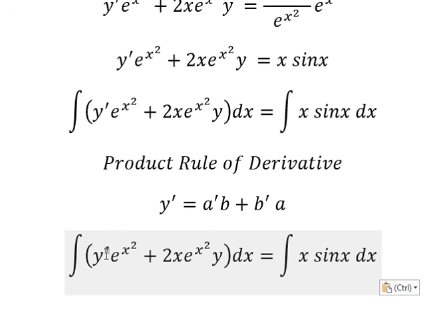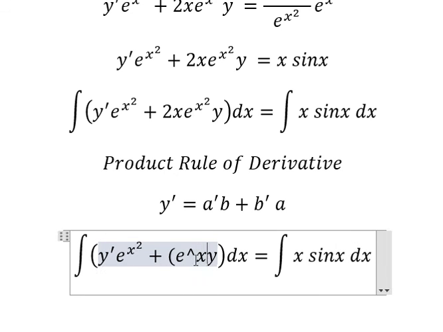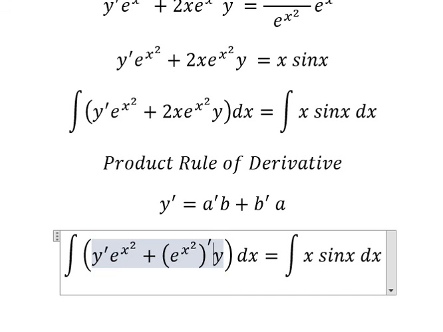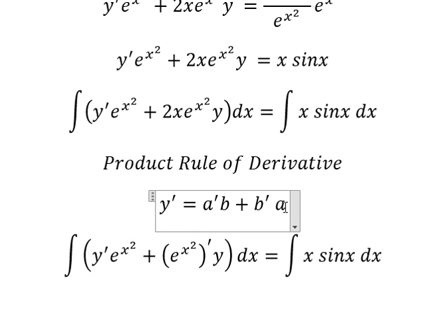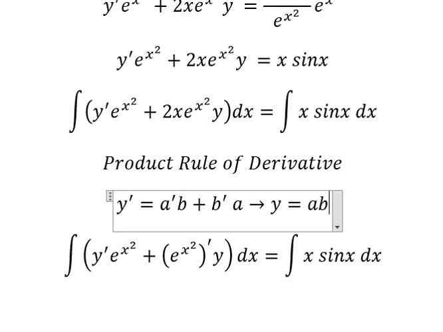So this one is the first derivative of a multiplied by b, and this one is the first derivative of b multiplied by a. So the integration of this one, we have y equals ab.